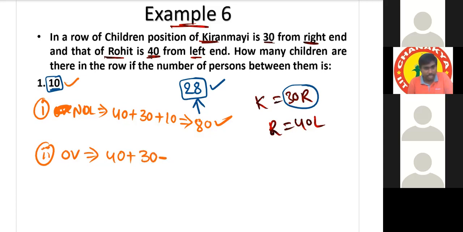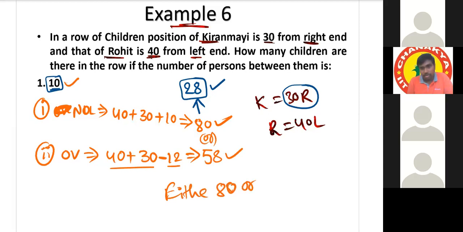How much do we need to subtract? 12, because 10 is given, so we subtract 12. 30 plus 40 is 70, minus 12 is 58. So the answer is either 80 or 58. Both are possible. This is the final answer for this question.